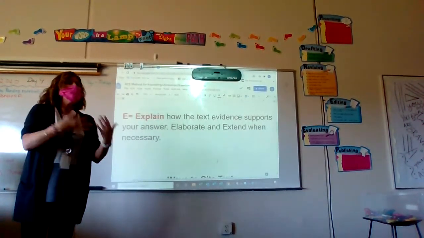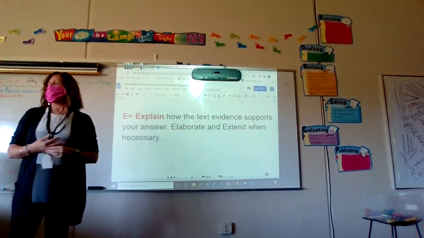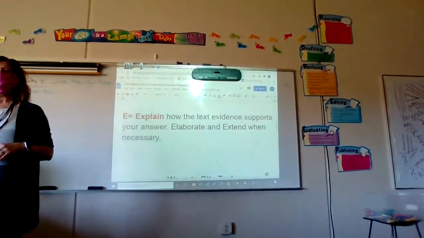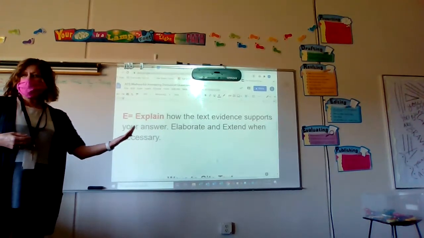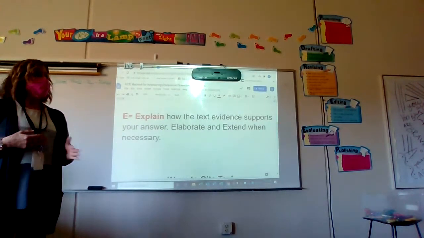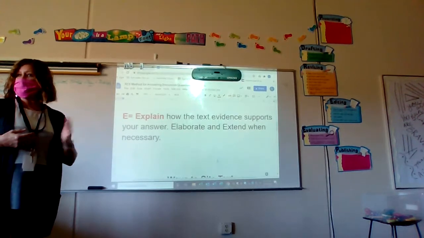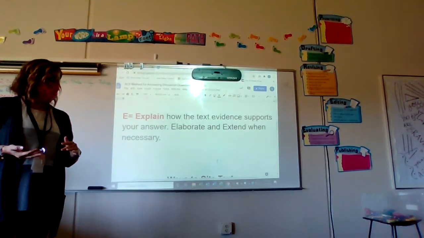You have to kind of lead into it. So the next thing I'm going to show you is pretty simple, but how do you lead into your evidence to make it sound like a smooth transition to the next part of your answer?